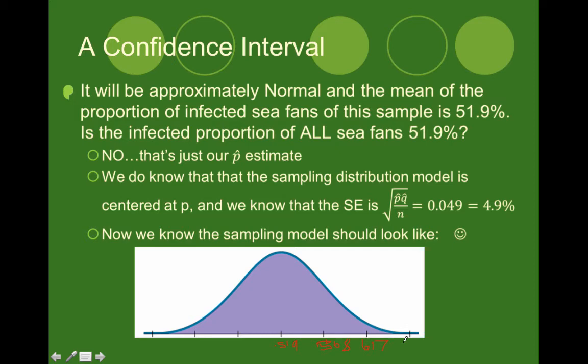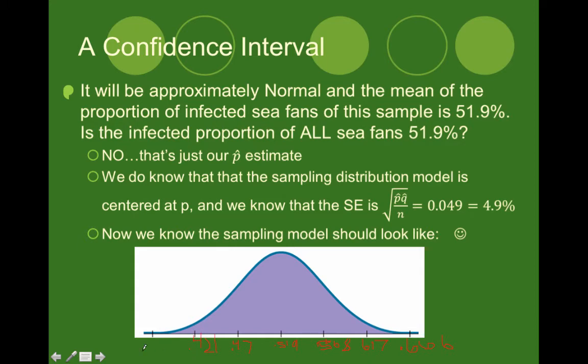And if I am 3 standard deviations above the mean, I will be adding 0.049 one more time, and we end up at 0.666. Going the other way, one standard deviation below the mean ends up being 0.47. 2 standard deviations below the mean ends up being 0.421.